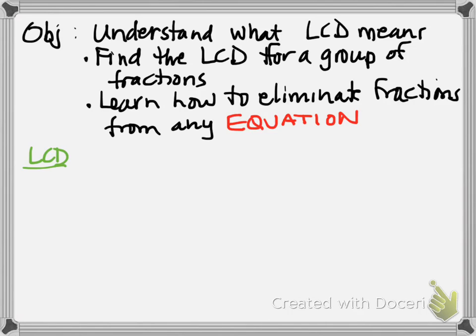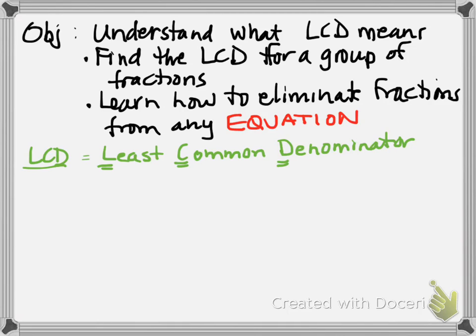LCD stands for least, there's the L, common, there's the C, denominator, and that is the D. So we're trying to find the denominator that has the smallest value in common with a group of denominators.